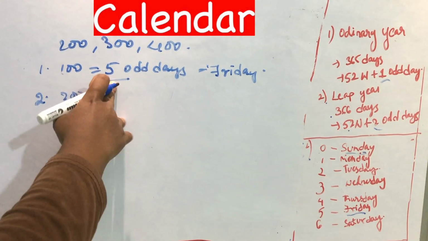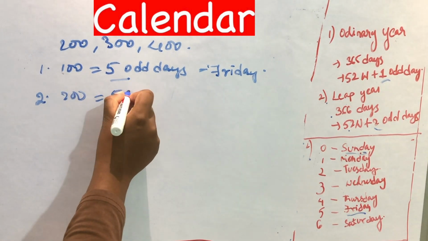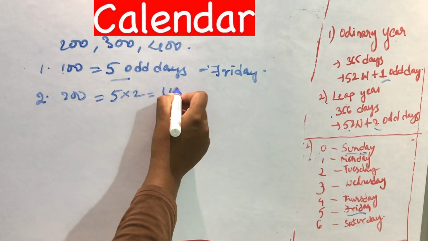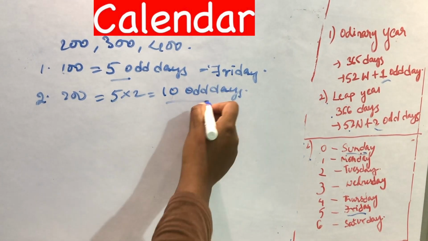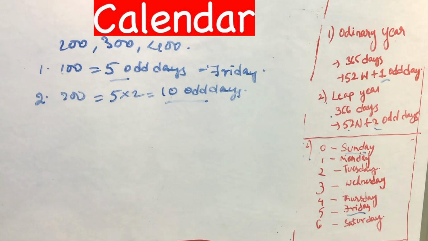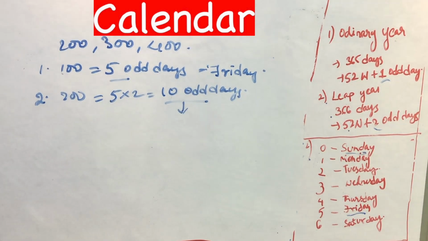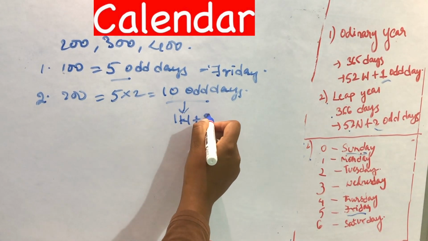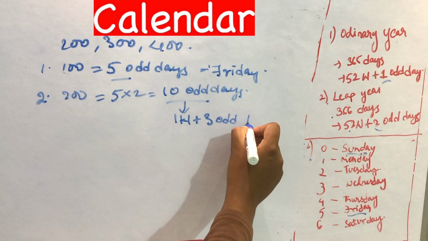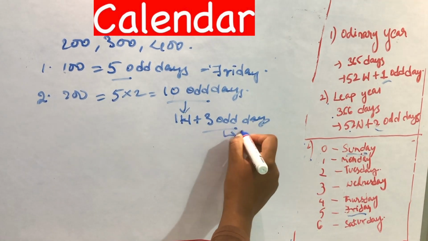For 100 years we have 5 odd days, so for 200 years it is 5 into 2, which is 10 odd days. Now if we convert these 10 odd days into weeks and odd days, we have to divide this by 7. Then we have 1 week plus 3 odd days. If it is 3 odd days, then it is Wednesday.